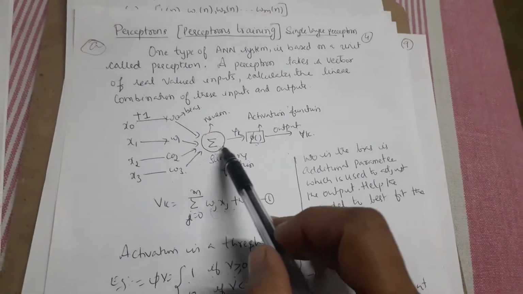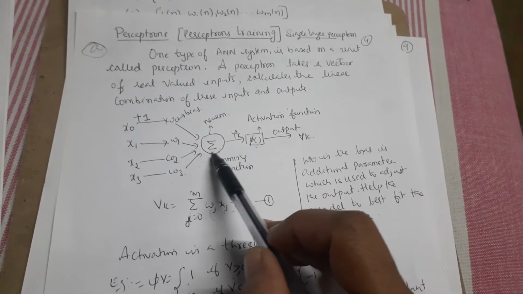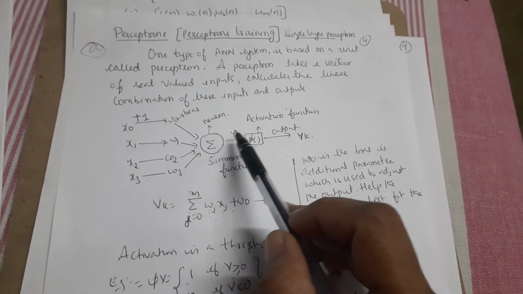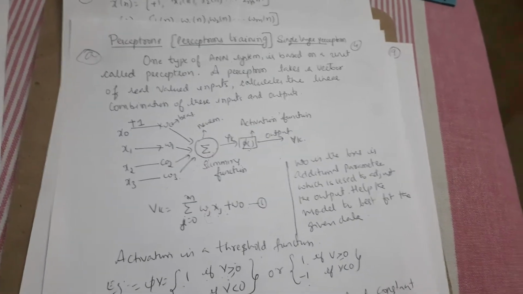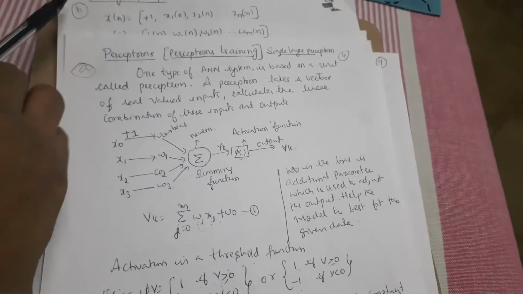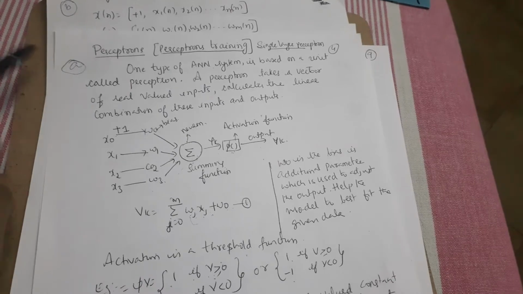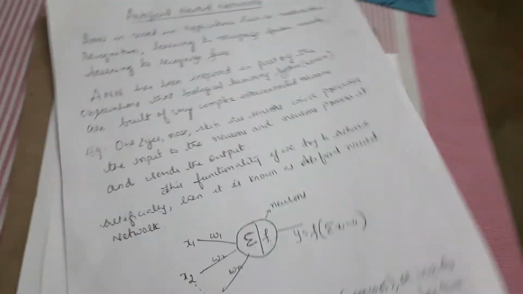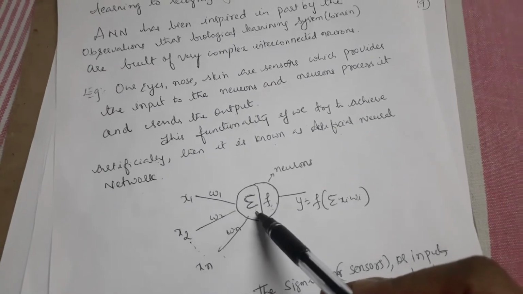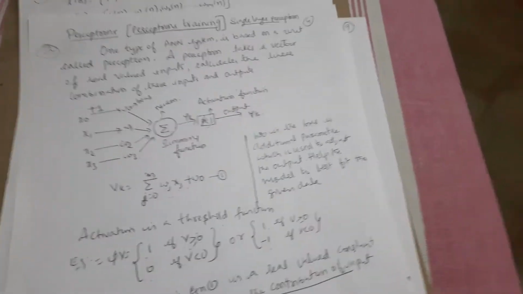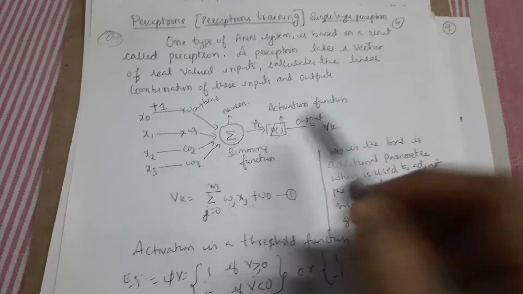So here, after multiplying the weight and the input, you get the summation. Immediately after the summation, you have the activation function. In the initial part I told you it is the summation as well as the activation function. Here also it is the same thing: summation and the activation function.